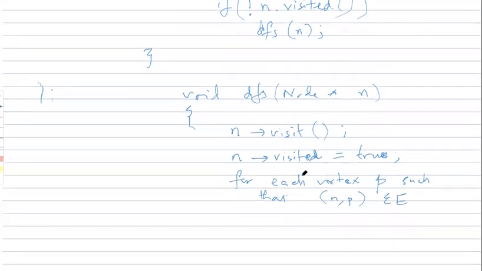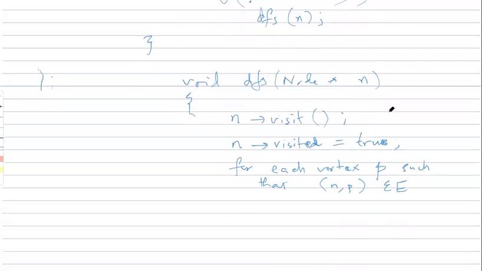I think I'm writing a combination of C++ and the graph notation here. So what I'm saying is that you're visiting every neighbor or every child, either way, every child of n. So for each vertex p such that n comma p is an edge here, correct?